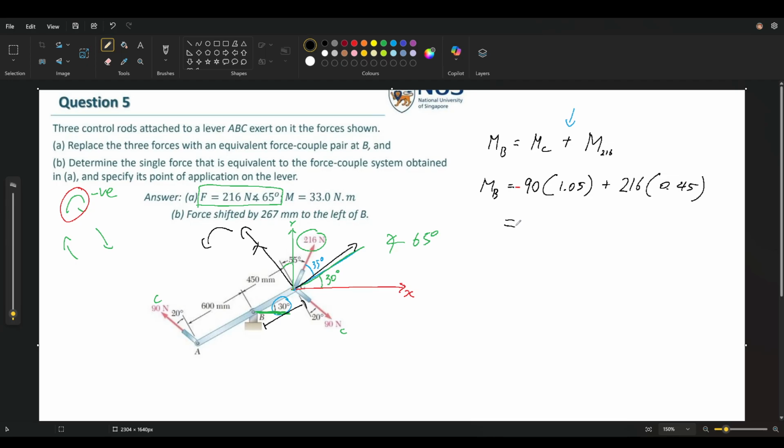Hold on. Oh, bing, bing, bing. Mistake number 1. It's not 90. It's 90 cosine 20. All right. Thank you guys for keeping a lookout for me.